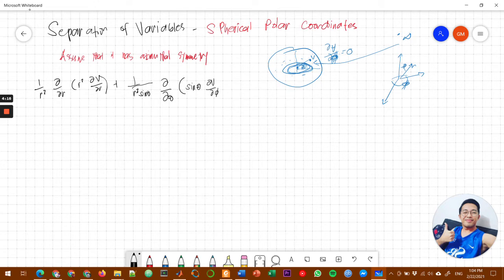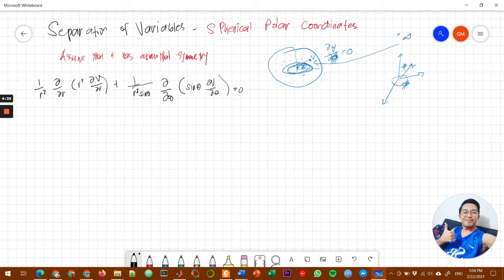Should be sine theta, 1, equal 0. So that is our Laplace equation in spherical polar coordinates in terms of r and theta only, with azimuthal symmetry na siya.